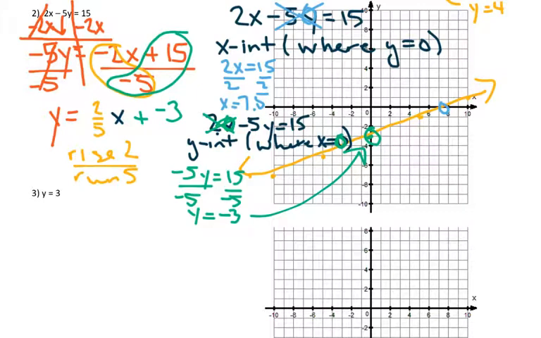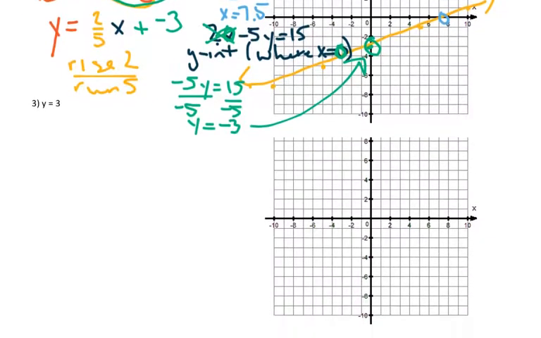Alright, moving on to example 3. Now, example 3 is a little different because we don't have an x involved. Can I put this in y equals mx plus b form? Well, if I don't have an x, that means I have 0 x's.